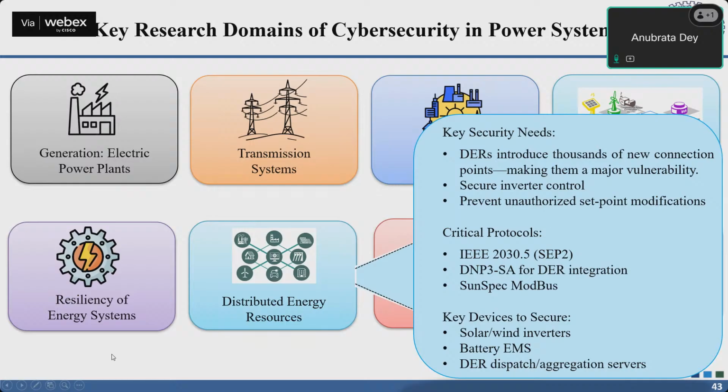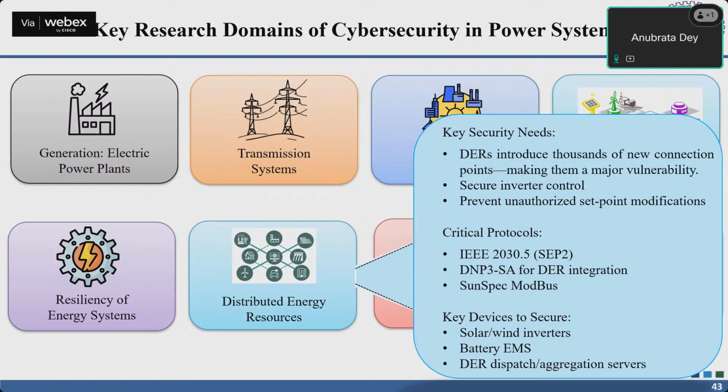We do have the distributed energy resources, all the renewable types of sources, and they are also involved now, because the government is encouraging the installation of such renewable sources. They use protocols like IEEE 2030.5, widely known as SEP 2, DNP3 for DER integration with our grid at the point of common coupling, and SunSpec Modbus type of protocols are also used by some of the utilities.